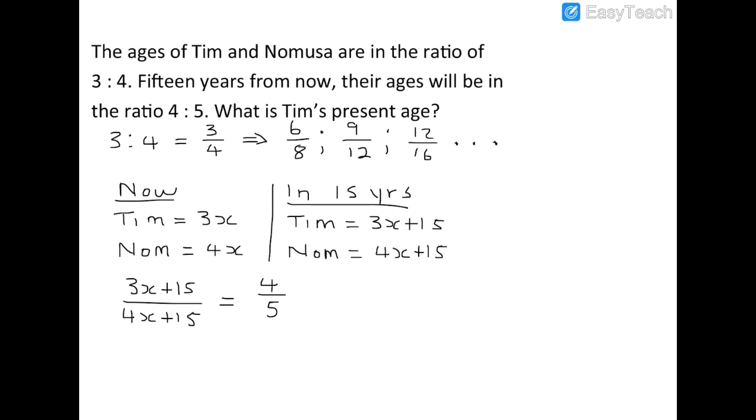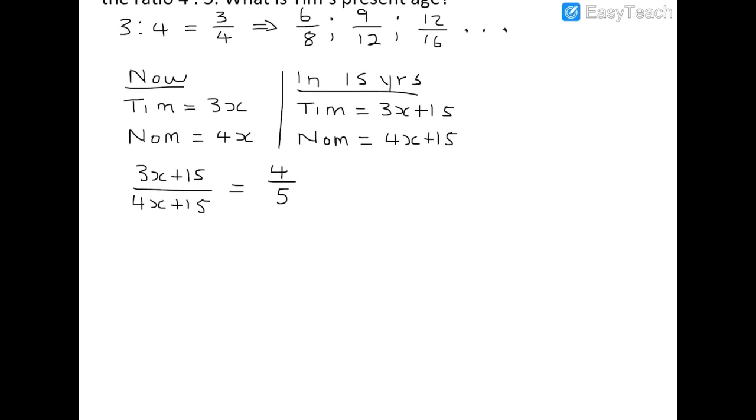Okay, so cross multiply. We have 5 multiplied by 3x plus 15, which is equal to 4 multiplied by 4x plus 15. If we distribute the 5 here, we get 5 times 3x, which is 15x. 5 times 15, which is 75.